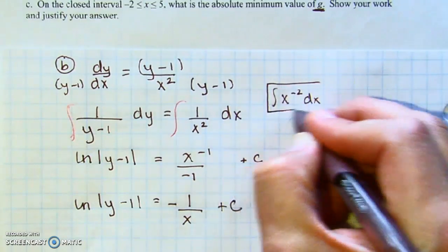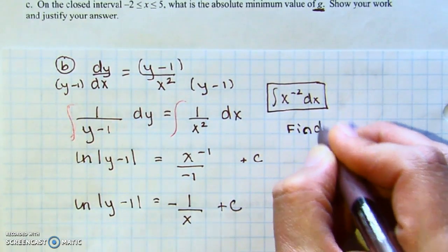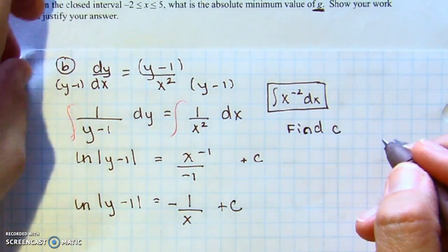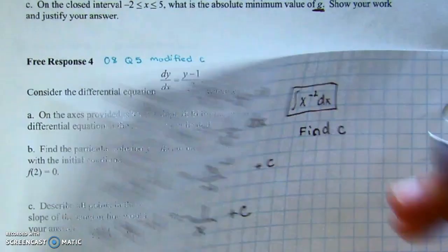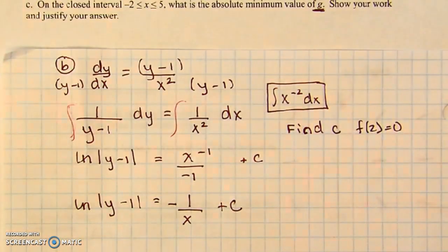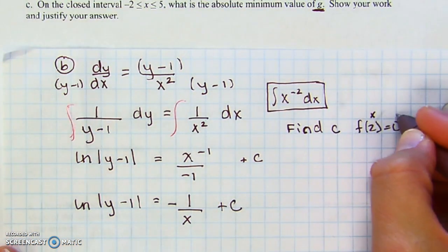This was like margin work, and now we're going to find c, F-I-N-D, find c, and we have a coordinate point, yeah? Coordinate point is f of 2 equals 0. All right, so this is x and this is y.